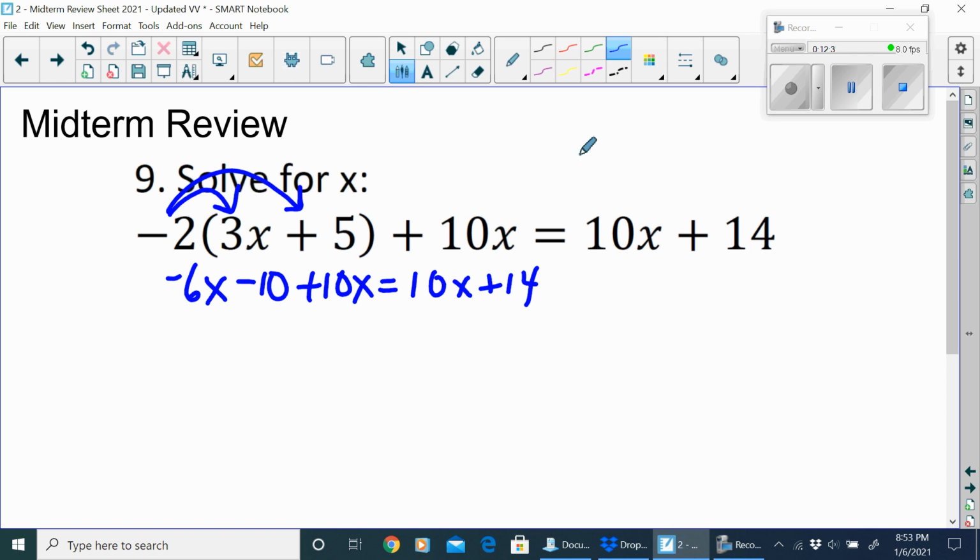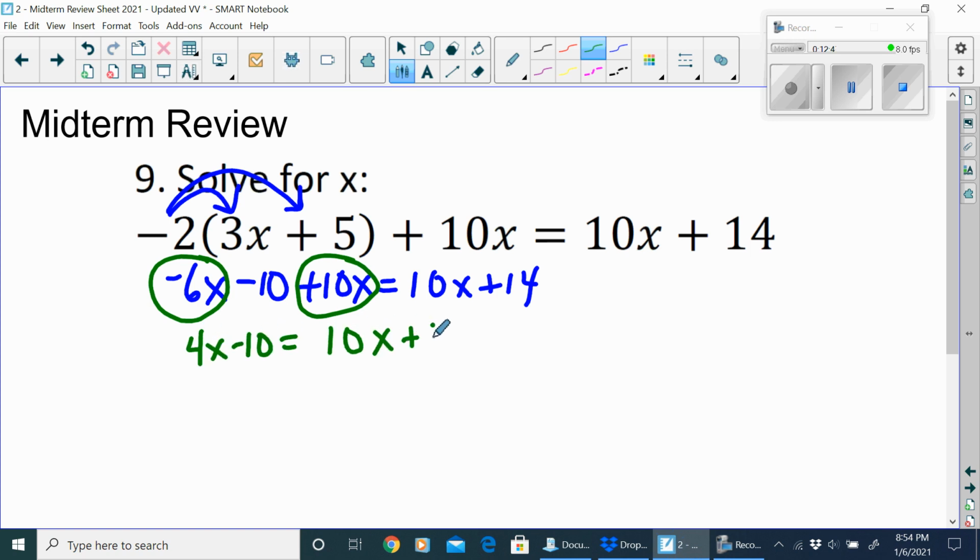Now we're going to combine like terms. So I have a negative 6x and a positive 10x. Negative 6 plus 10 gives me 4x minus 10 equals 10x plus 14. Now I'm going to subtract 4x on each side.